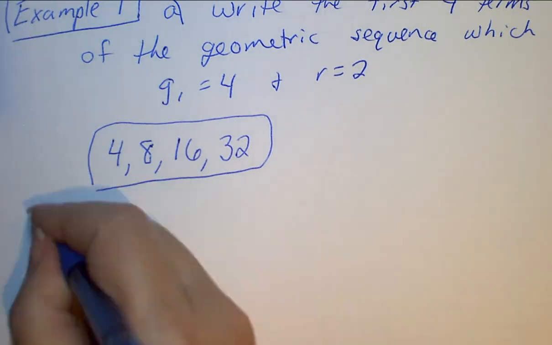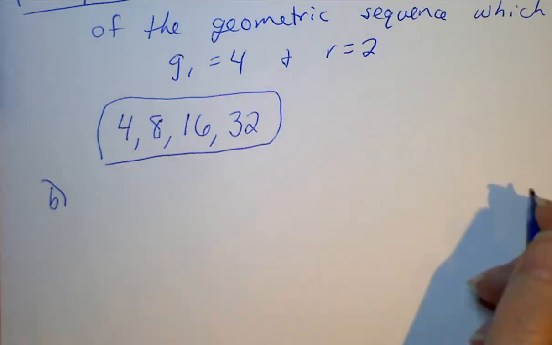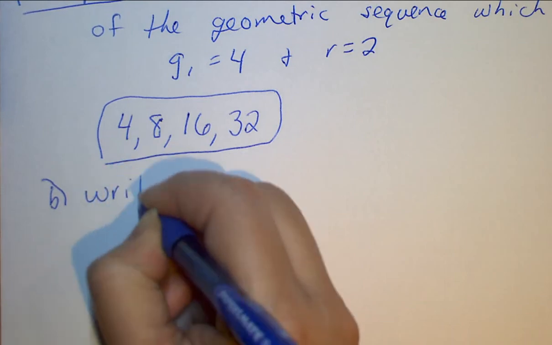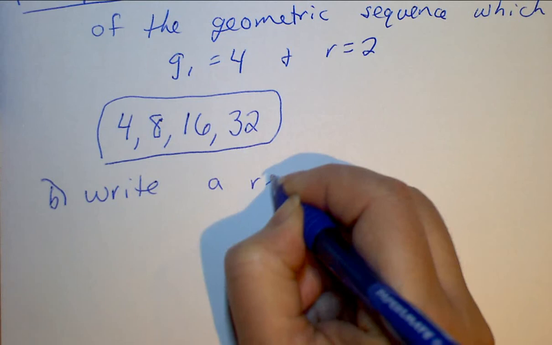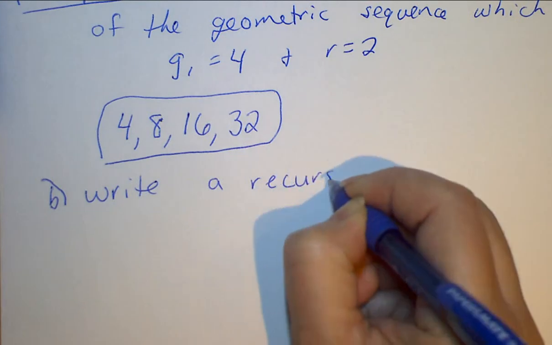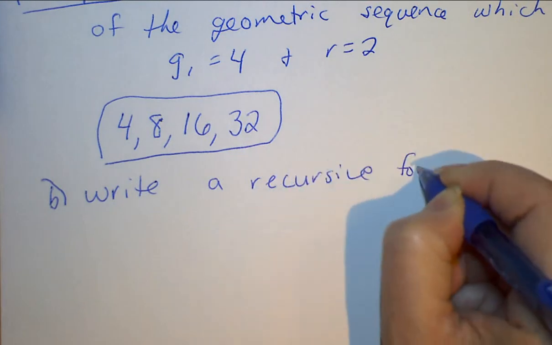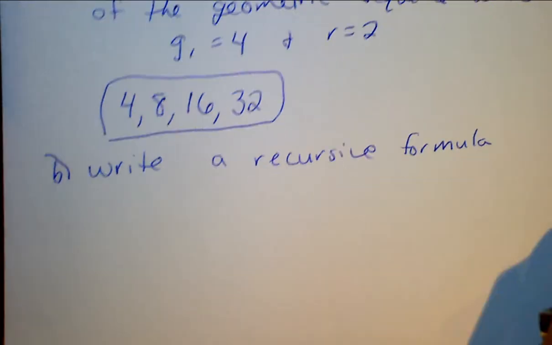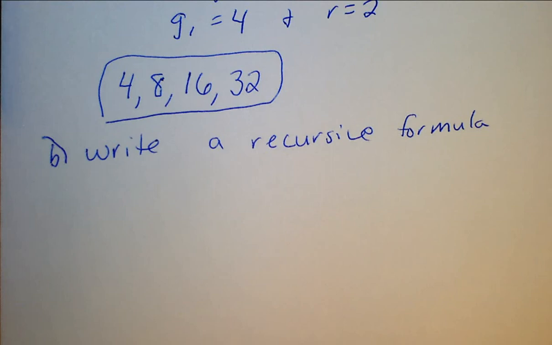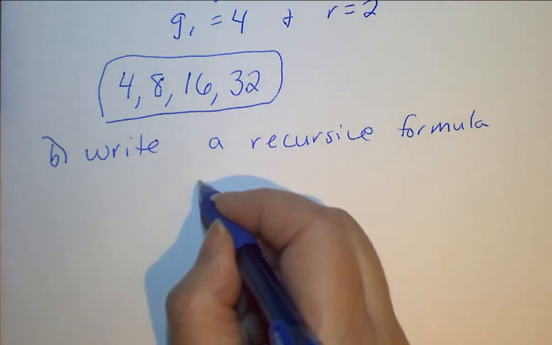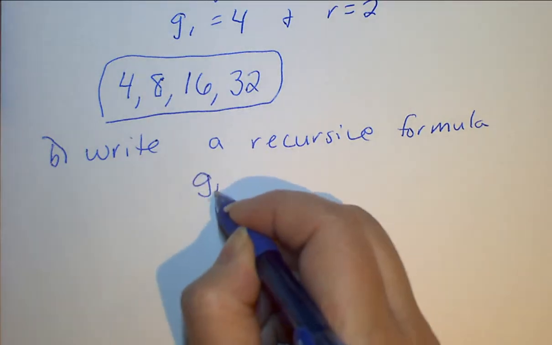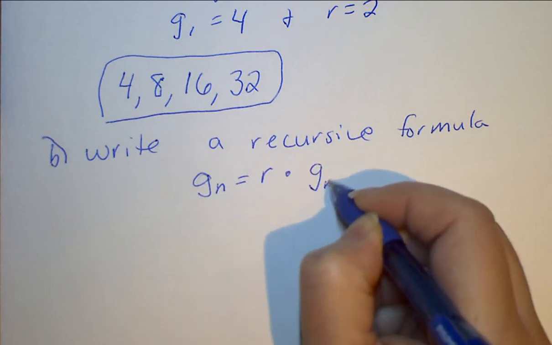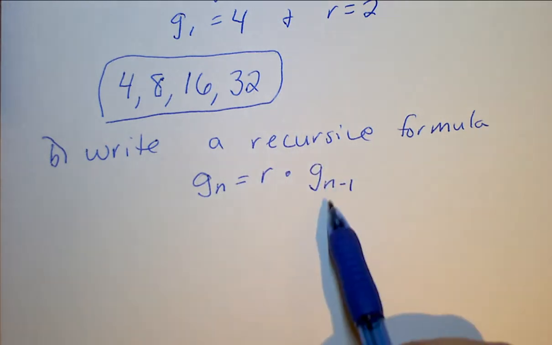B, it says now write the recursive formula. What would it look like? So to write your recursive formula, remember, it is g sub n is equal to r times g sub n minus 1, and remember that n minus 1 is a subscript.